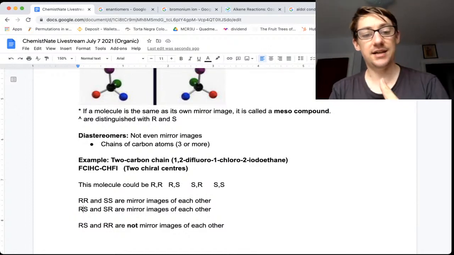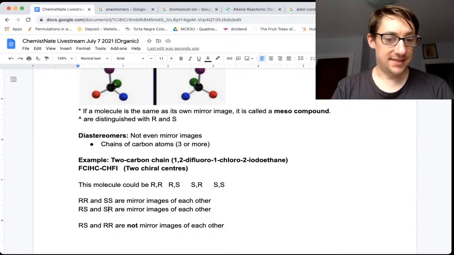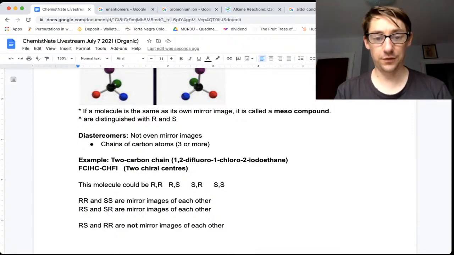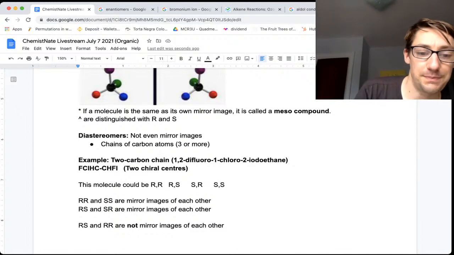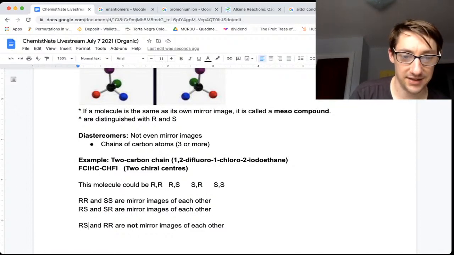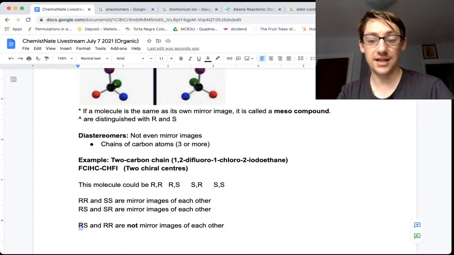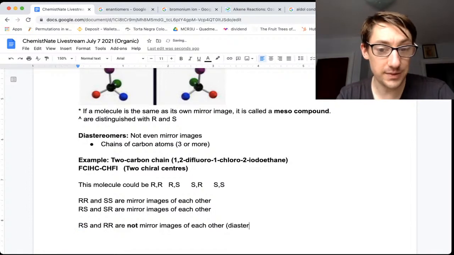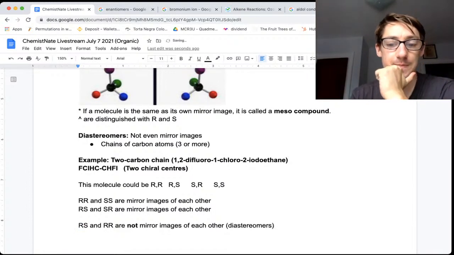R becomes S, and this S becomes R. You're flipping the chirality on all of the centers, therefore they are mirror images of each other. But if you flip the chirality of one center and not the other, all of a sudden they're not even mirror images of each other. And so relative to each other, they are diastereomers.